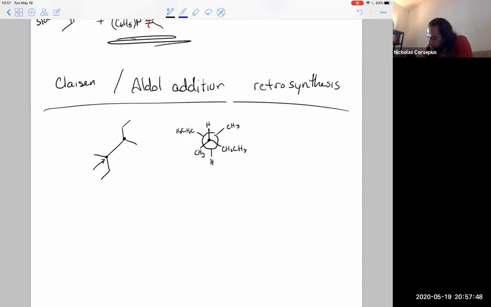Remember, the back carbon is represented by that circle. The front carbon is the center of that Mercedes symbol. I think the easiest thing is to try to look at it in your brain. Imagine that you're looking at it from the underside for one and the top side for the other.